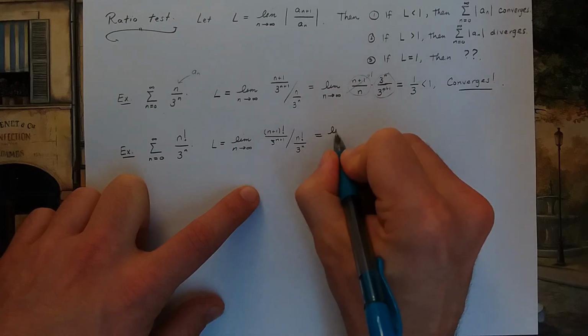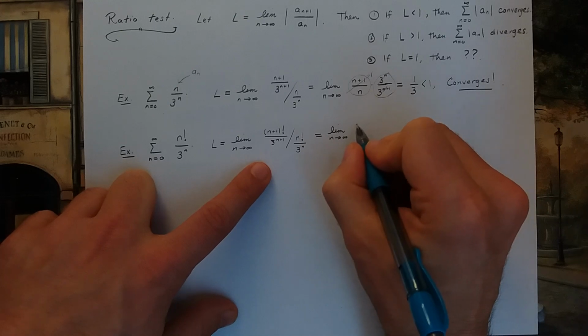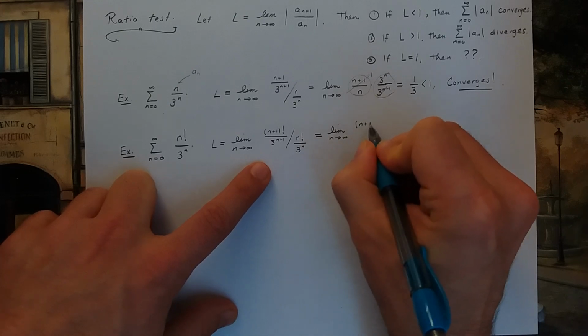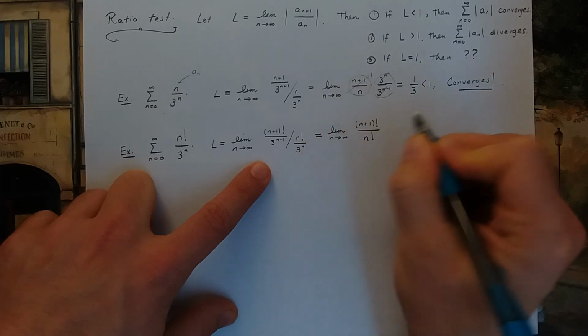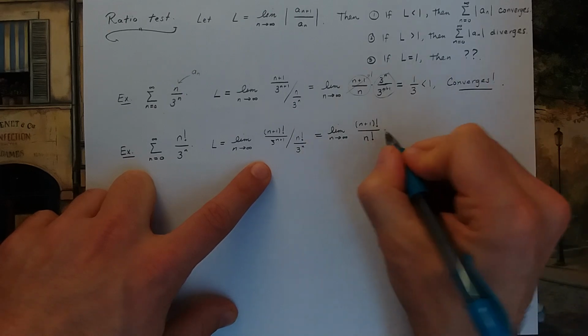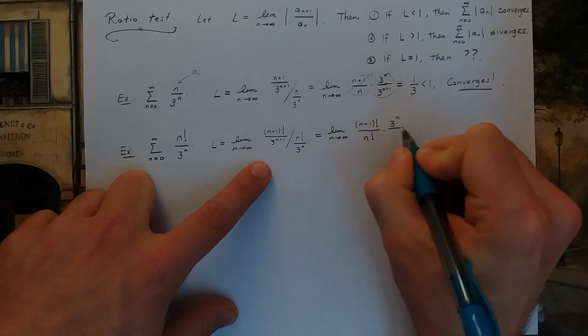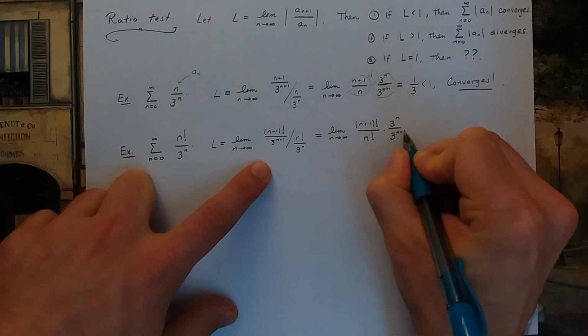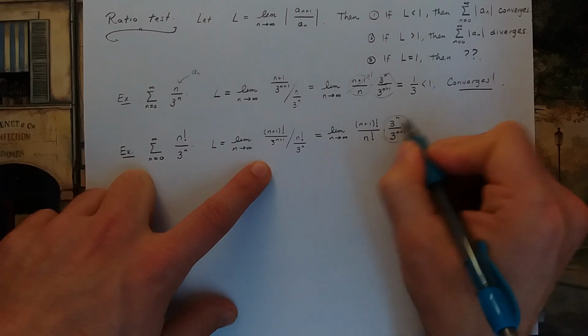I don't like fractions within fractions, so let's simplify a little bit. I get n plus 1 factorial over n factorial times 3 to the n over 3 to the n plus 1. So just like in the last problem, this part's going to be 1/3.